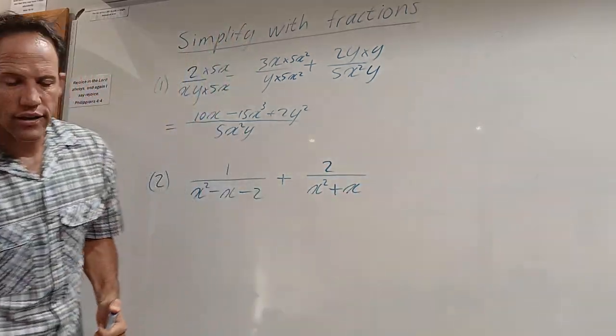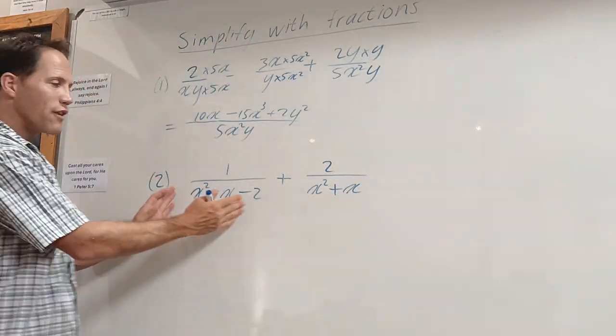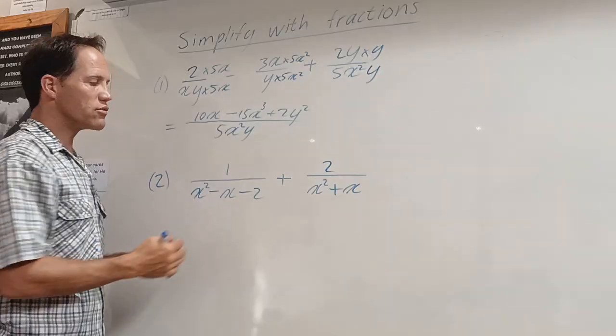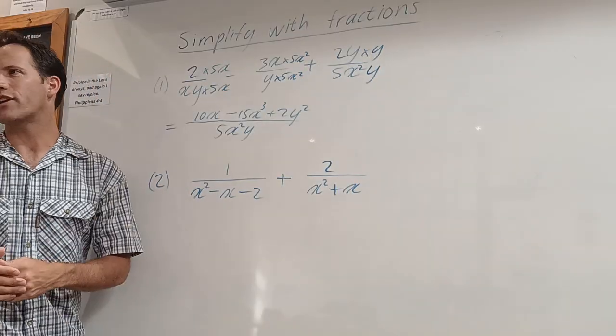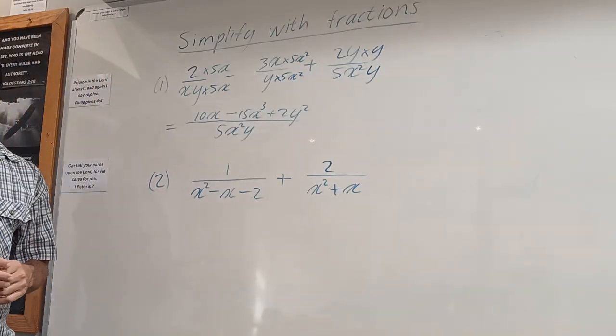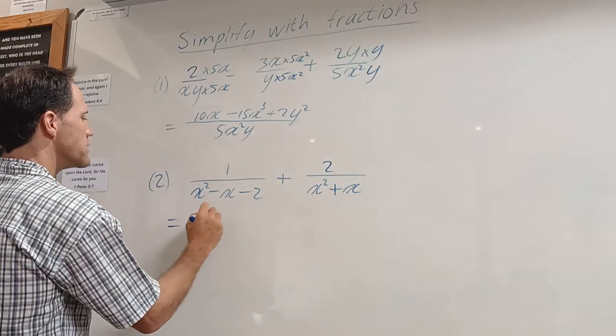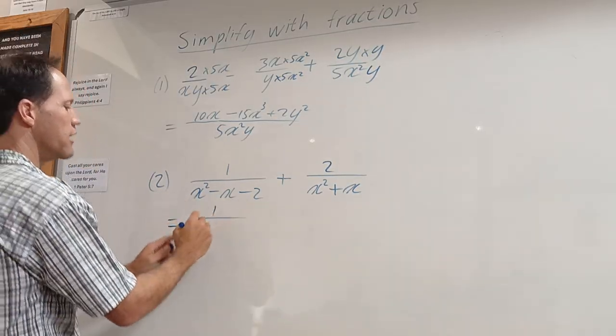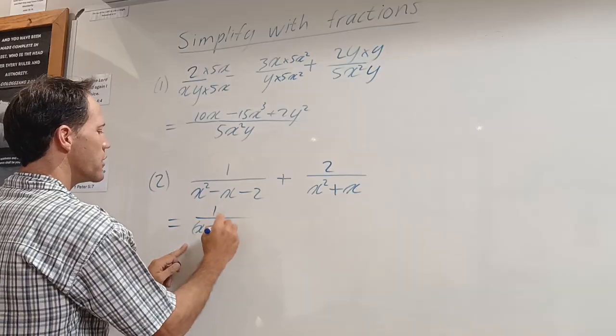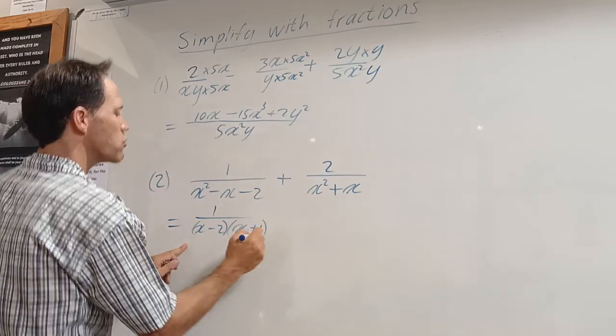With simplifying fractions like this, what we want is to always first see if you can factorize. It just makes it so much easier. So you first check, what happens if I say here, I can factor, oh yeah, I can, x minus 2x plus 1.